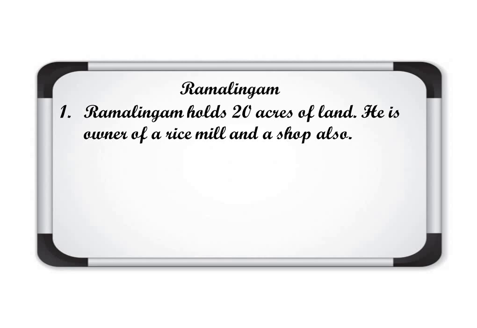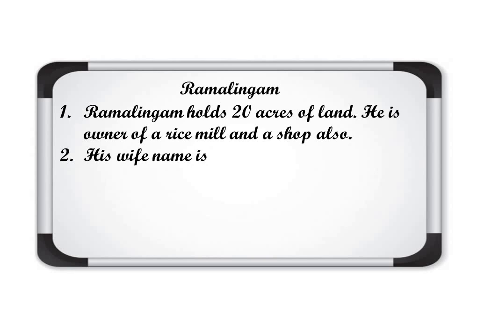They get the paddy crop from different villages and produce the rice in the rice mill. He is also the owner of a shop, a shop of seeds, pesticides and fertilizer. So it shows that Ramalingam is a very rich person here.